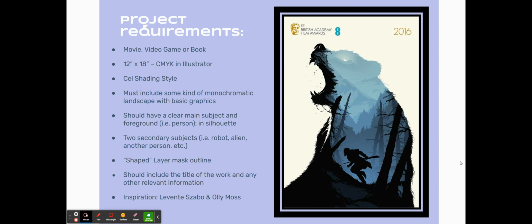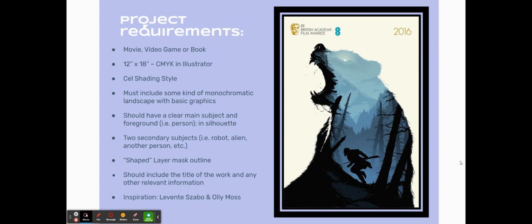You can add other relevant information if you want. So you could add like made by Bethesda or like starring Leonardo DiCaprio or whatever, or award winning 2020, whatever. You can add those extra things if you want, but at the very minimum, it needs to have the title.